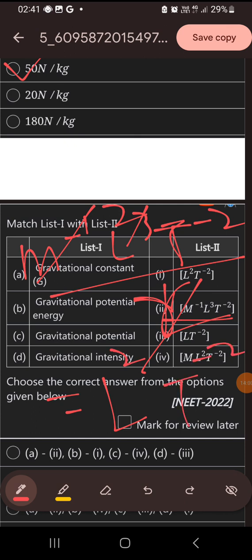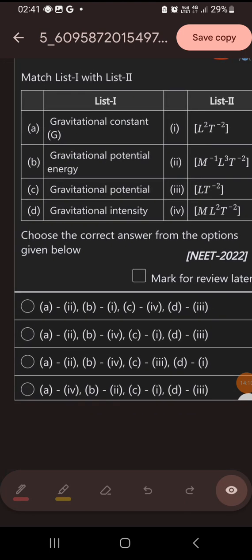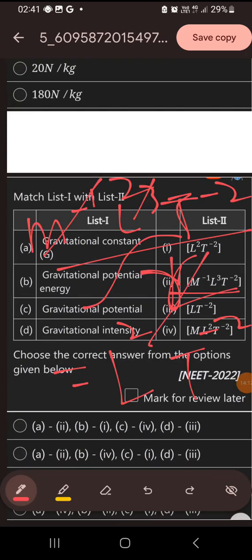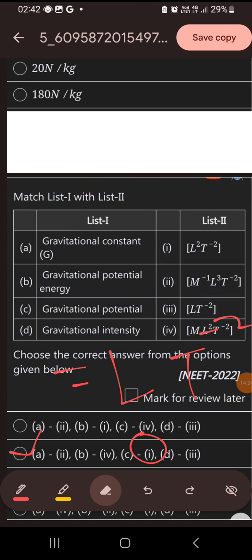This will be the answer. Check where the option for gravitational potential is, option 1 will be the answer. So let me check, option B is the correct answer, because C has L square t power minus 2. This is the easy way to solve all these dimensional questions. So make use of it. Thank you.